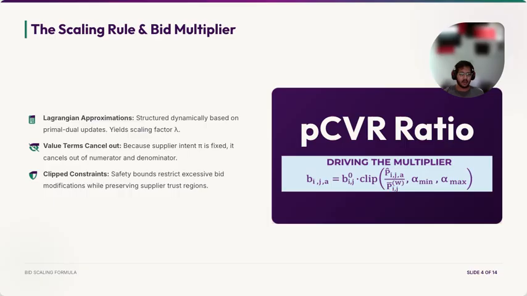This is then clipped in practice to a range alpha min and alpha max, just so that we don't excessively modify the supplier's bid and retain the ability to preserve supplier trust.